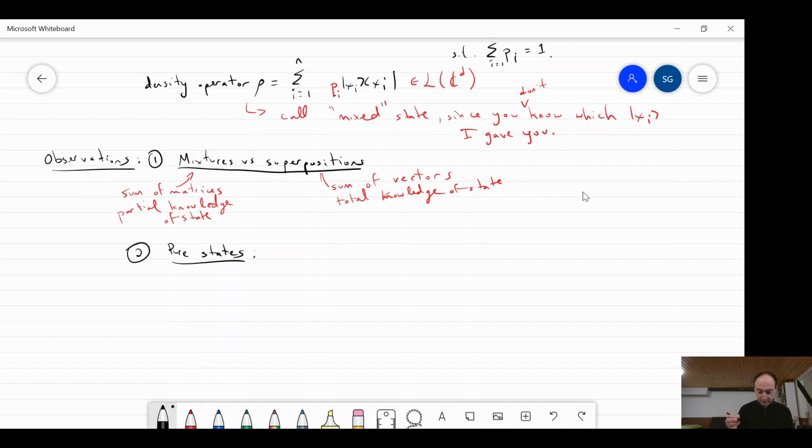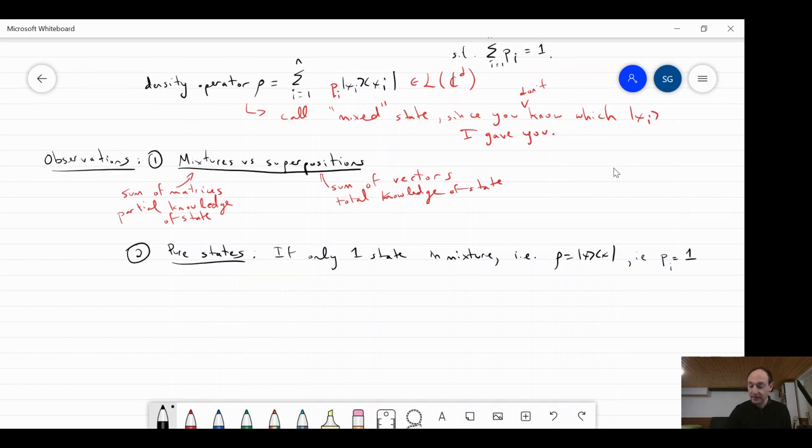If there's only one state in the mixture, by which I mean I could write rho as just |psi><psi|, there's only one term, there's nothing else in the sum. In other words, you can think of this as p_i equals 1.